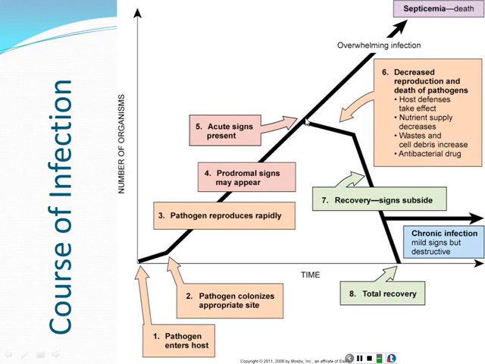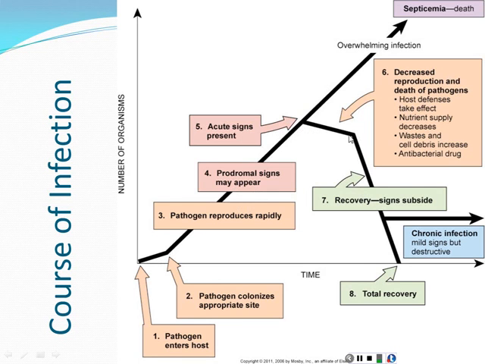So then from there, now we have an acute infection. So the body has to do something about it because there are now enough pathogens that it can either get really, really bad or it can start to get better. So in the normal case, by about this point, the immune system is starting to fight back. So we start to see a decline in viral numbers as the host defenses start taking an effect.